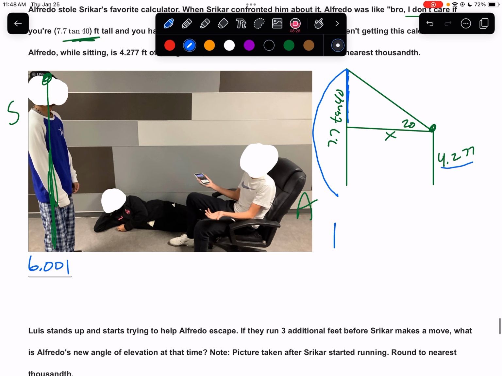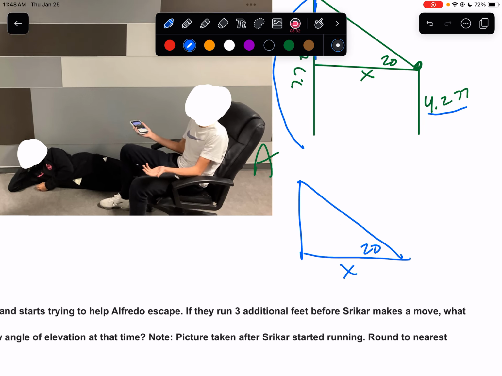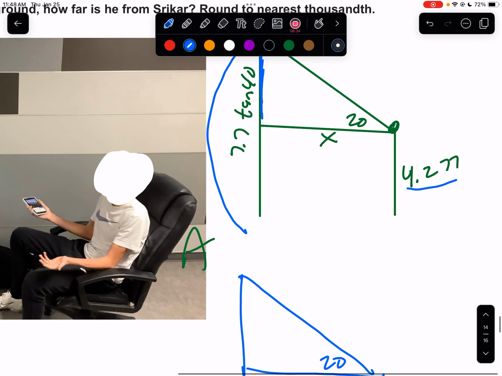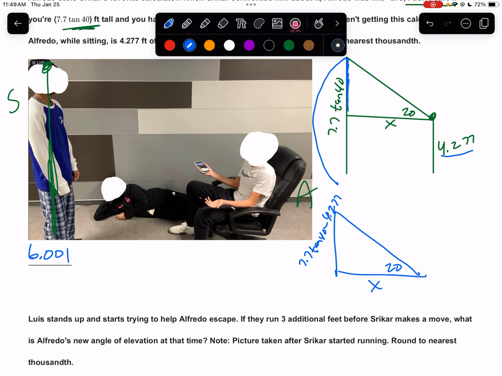So I'm going to make another triangle. We know this is 20. We know that this is x. And this side is going to be 7.7 tan 40. That's how tall he is, minus the 4.277. So what is the situation?